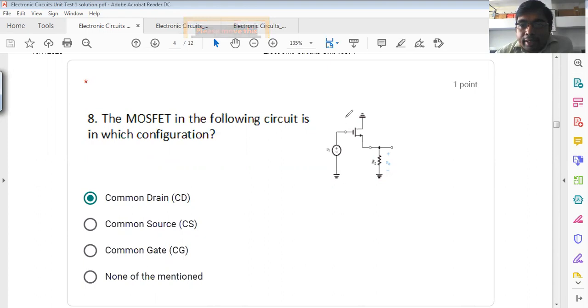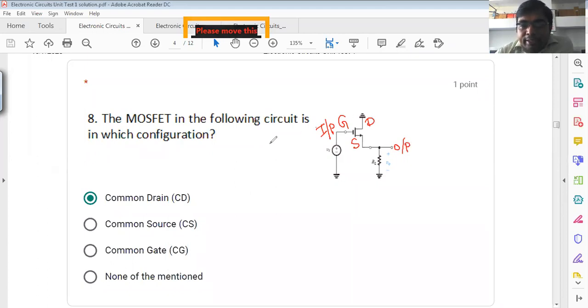Here, this is your gate terminal, this is your drain terminal, and this is your source terminal. The input is given to the gate terminal, and the output is taken from the source terminal, and the drain is common here.